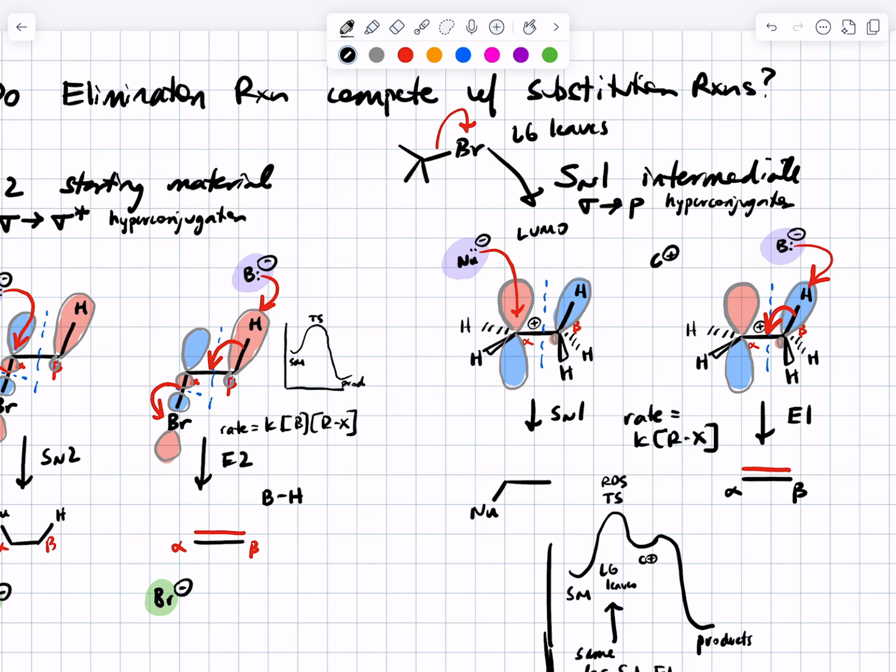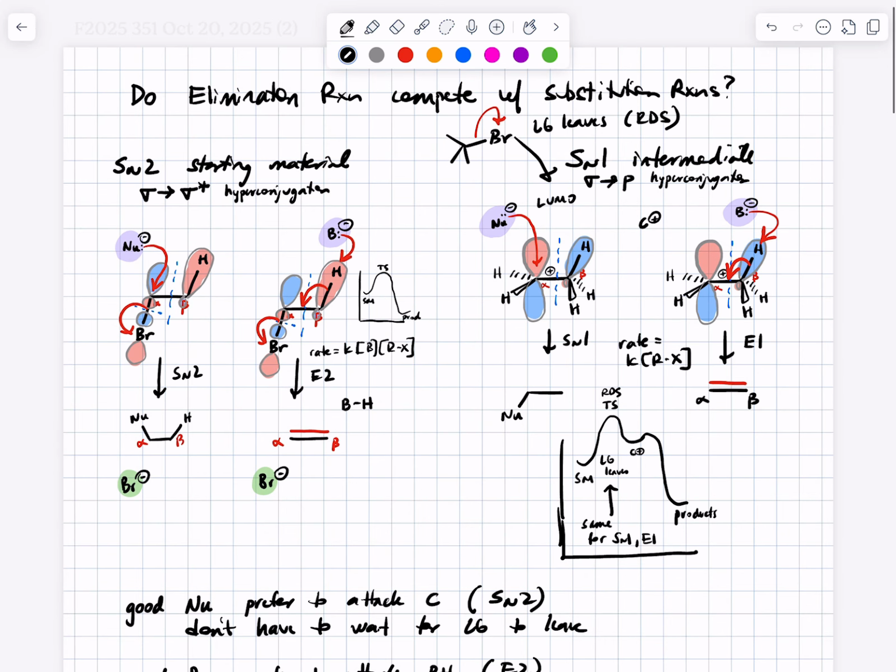That's the rate determining step. That's the first step. And then, whether it's SN1 or E1 depends on whether the nucleophile attacks the alpha carbon or the base attacks the beta proton. You're going to see that SN1 and E1 always compete with each other.